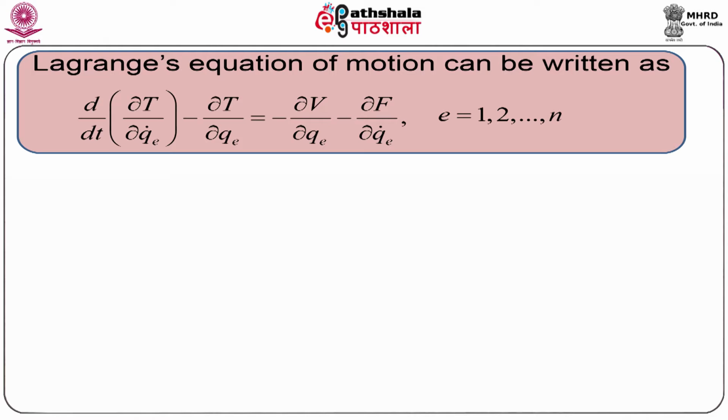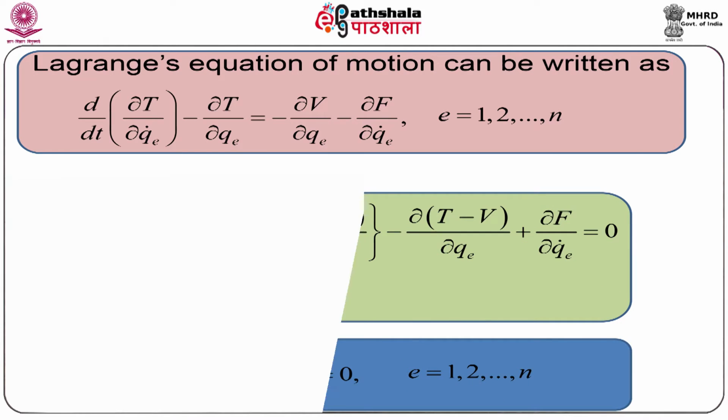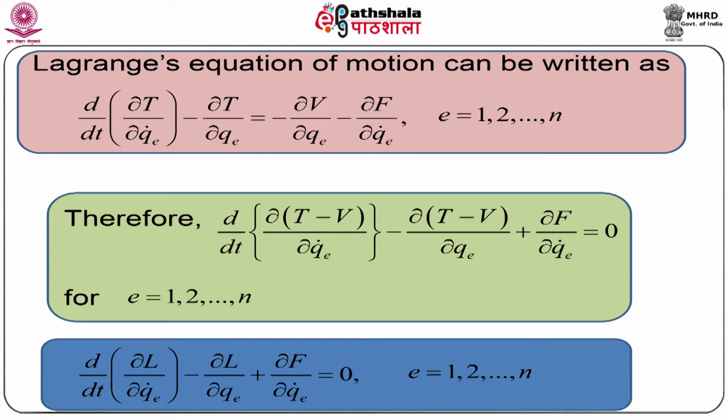This is valid for k equal to 1, 2 up to n, since we are considering a dynamical system having n degrees of freedom. T is the kinetic energy, V is the potential energy, capital F is the dissipative function, small qk is the generalized coordinate, qk dot is the generalized velocity, small t is the time.